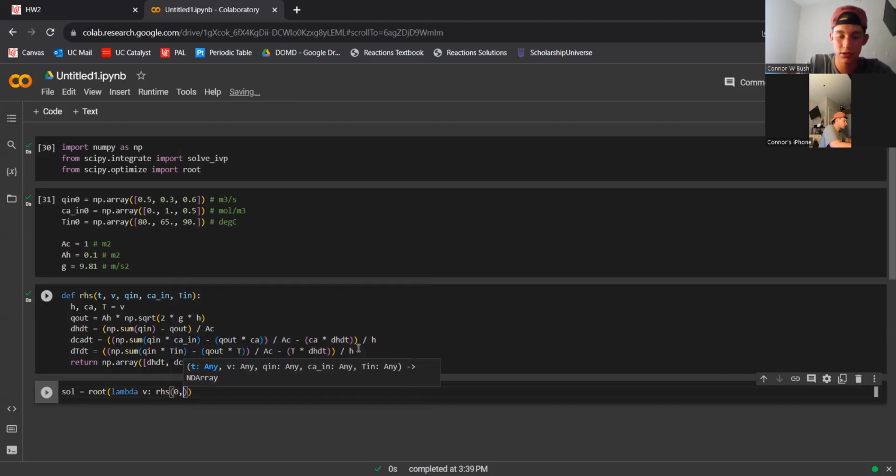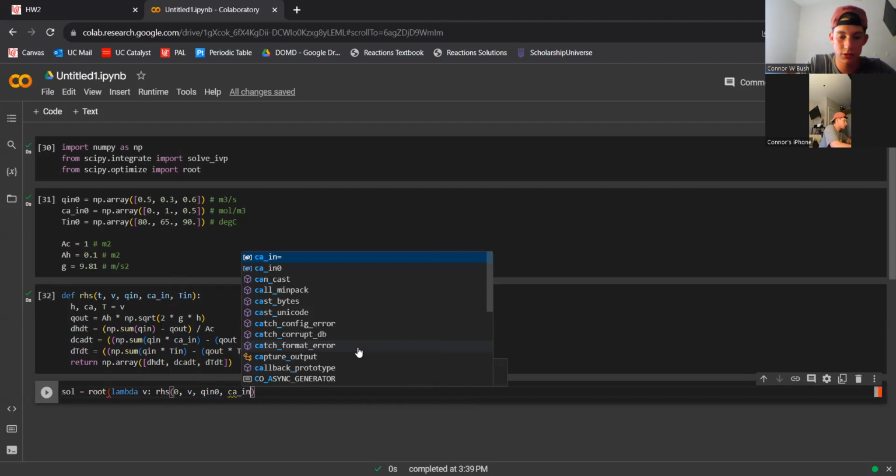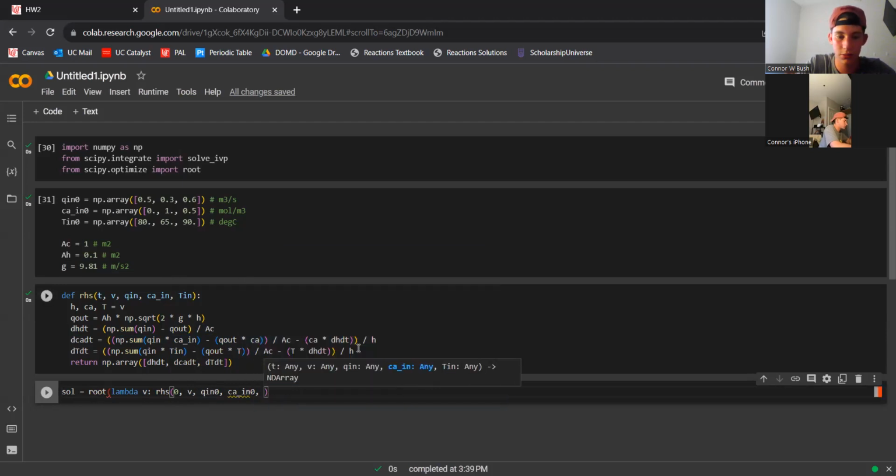For t, we're going to set that to 0 for steady state. Here we're able to leave V as V because we're using this lambda function. We're going to use our values for Q, C_A in, the initial parameters for concentration, and then T_in0.